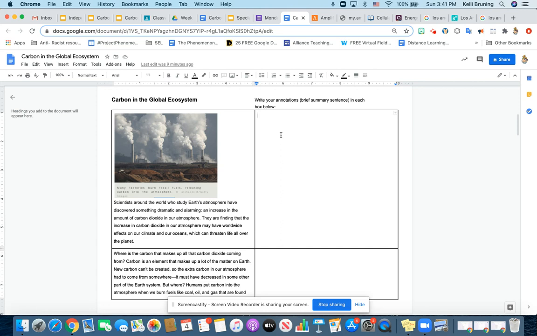So I might say, carbon dioxide has increased in the atmosphere and has affected our climate and oceans.